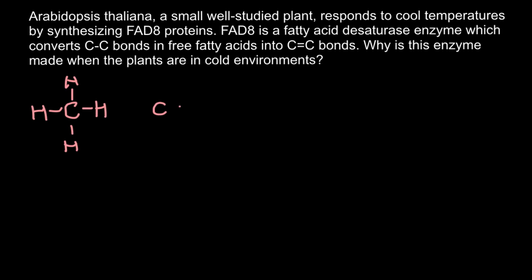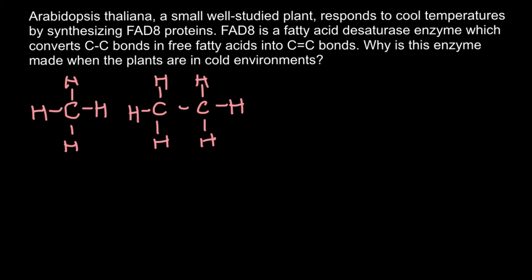If we connect two carbons and also put hydrogens around them, so each carbon atom needs 4 bonds. So 1, 2, 3, 4, and this carbon also has 1, 2, 3, 4 bonds. So this is ethane. This is also a flammable gas.